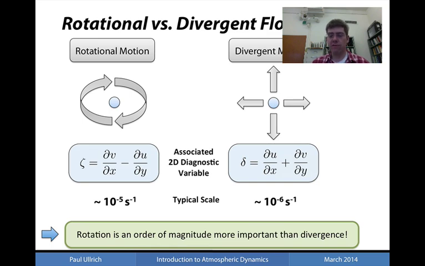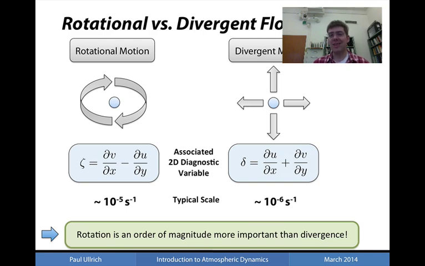For divergent flow, although the corresponding scale is also velocity divided by length, the two terms in the 2D divergence operator actually approximately cancel each other for atmospheric motions, and consequently divergent flow tends to be about 10 times smaller than corresponding rotational flow.